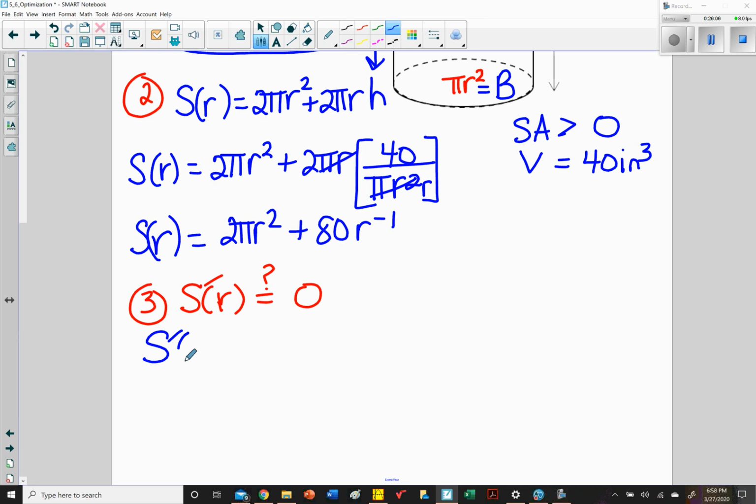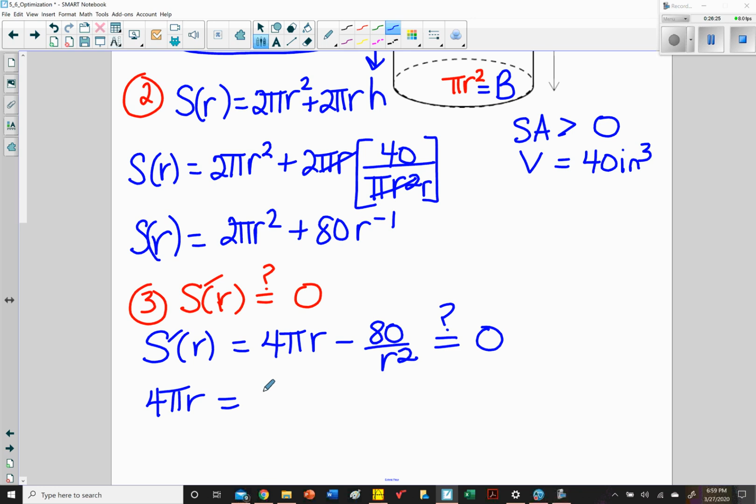So the surface area derivative is 4 pi r minus 80 divided by r squared. Setting that equal to 0, we want to know where that is 0. 4 pi r is 80 over r squared, which gives us r cubed.